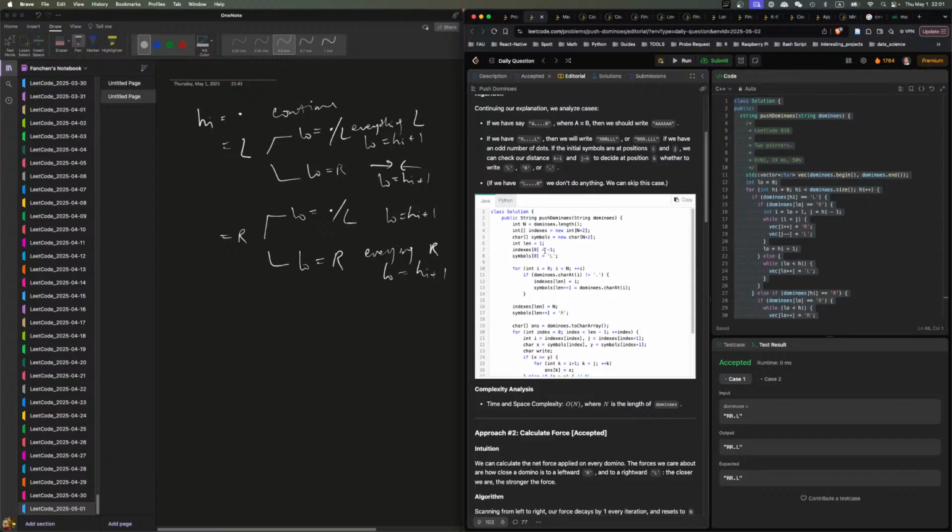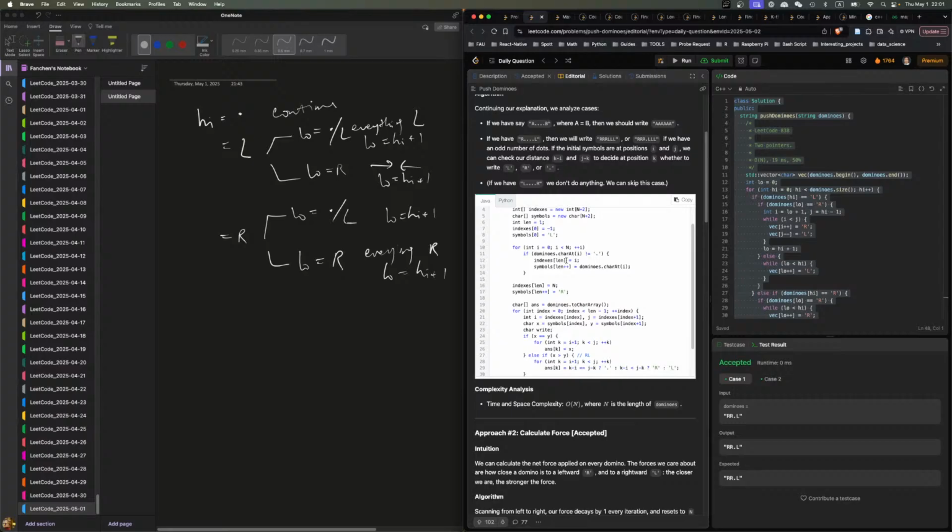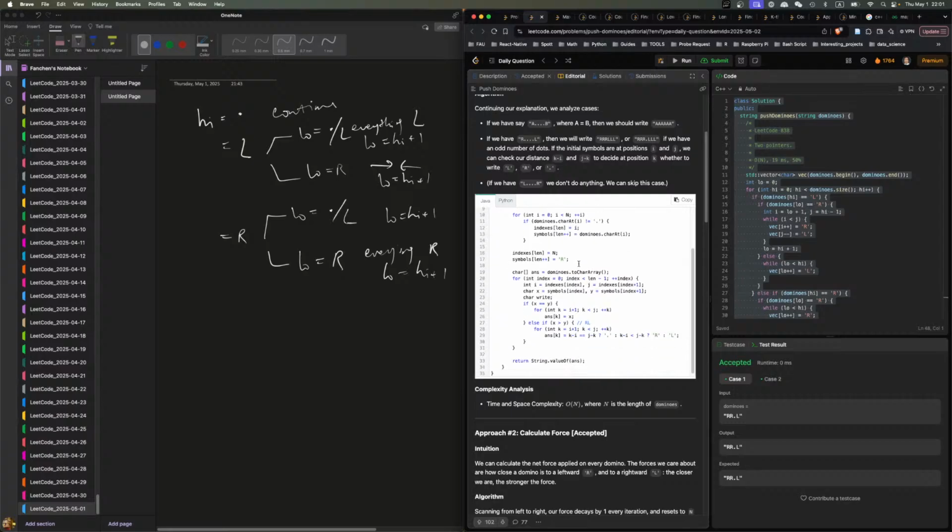You add additional. Yeah, we add additional. And we just go through, right? We go through, we find pairs, and then we change the inside. That is actually not bad. That's actually quite smart, I think.